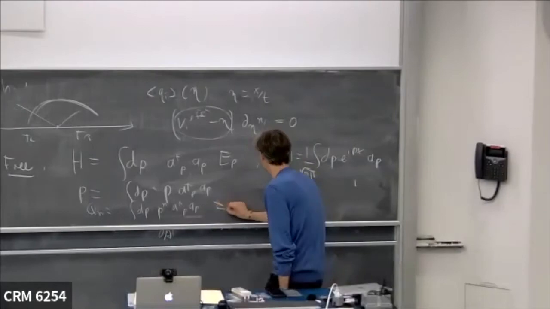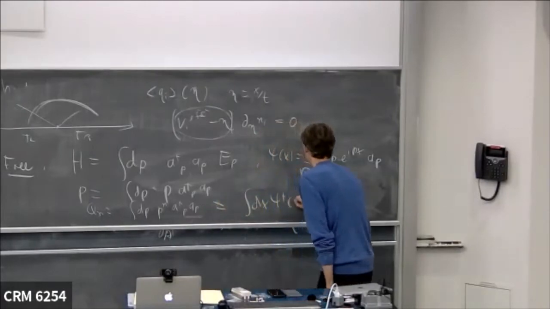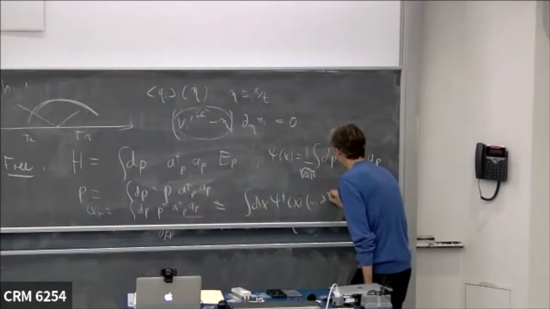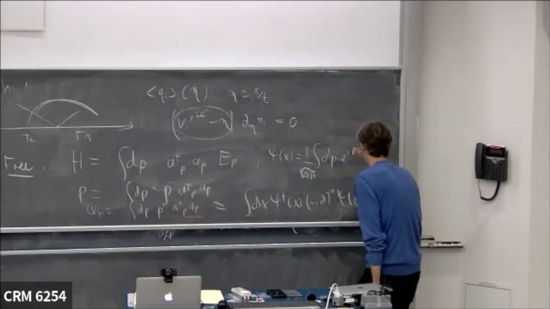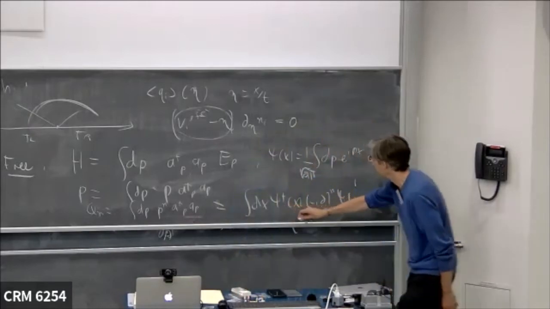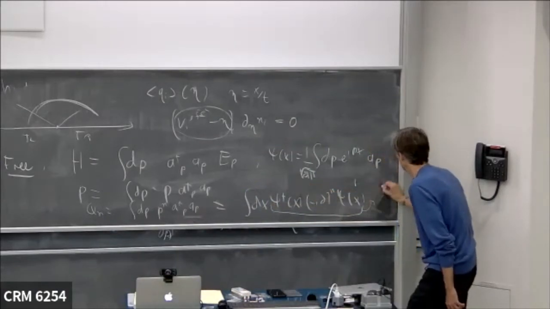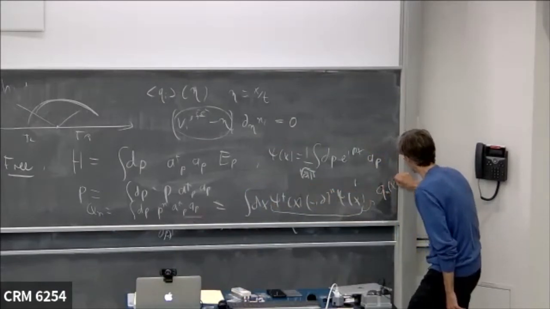And it can be written as the integral over x of psi dagger of x, and then minus i d to the n, psi of x. So this is actually a nice extensive conserved quantity with a local density. This is my Q_n of x, my local density.